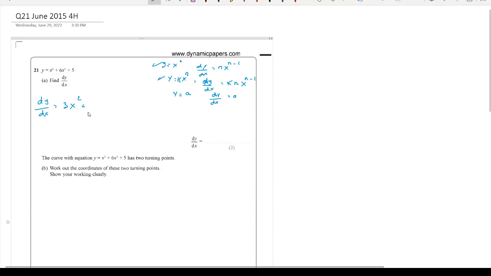The 6 remains as it is, and then we bring the power down, so it becomes 6 times 2, and reduce the power of x: 2 minus 1 is 1, so x to the power 1. Plus the differentiation of a constant, which is 0. If we simplify this, it becomes 3x squared plus 12x. Now this is solved: 3x squared plus 12x.